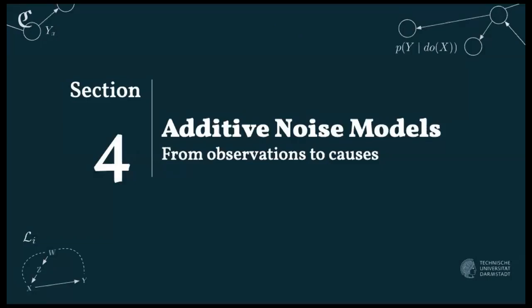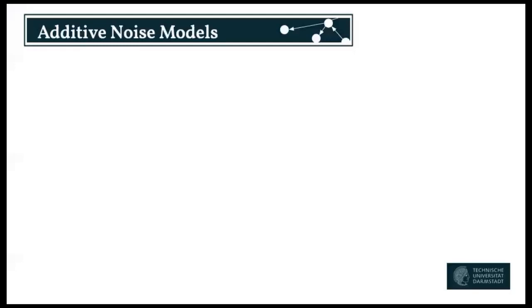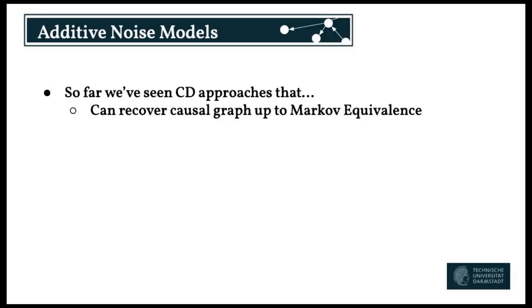All right. So I have told you, and you have seen it by now, with the score-based and constraint-based causal discovery methods, we can only recover the causal graph up to Markov equivalence. At the same time, we were pretty general. We didn't make any assumptions regarding the distributions of the variables.